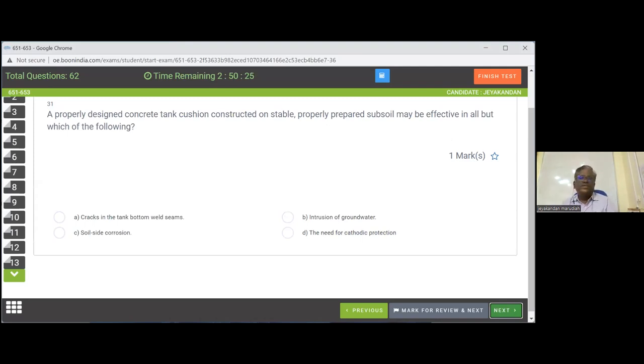A properly designed concrete tank cushion constructed on stable, properly prepared subsoil may be effective in all but which of the following? So a properly designed, constructed cushion is effective against intrusion and the need for cathodic protection. So where is it given? You can go here.